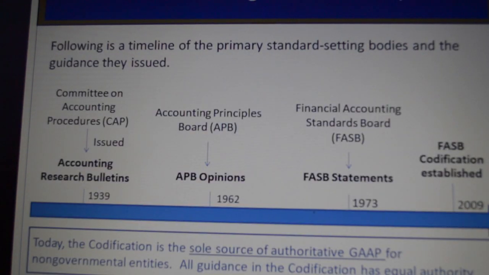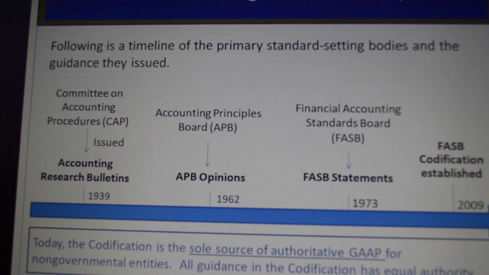Following is a timeline of primary standard setting bodies and guidance they issued. Committee on Accounting Procedure, CAP. It issued accounting research bulletins in 1939. Accounting Principles Board, APB. It issued APB opinions until 1962. Financial Accounting Standards Board, FASB.